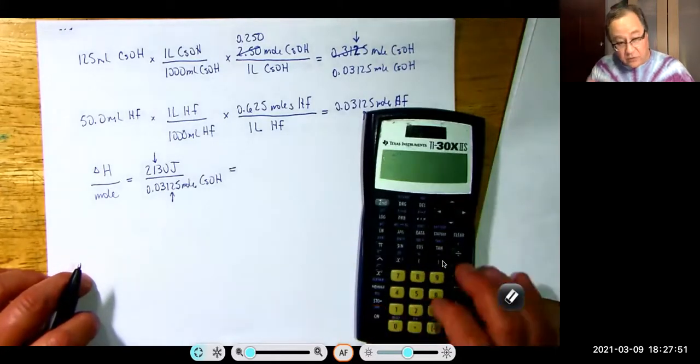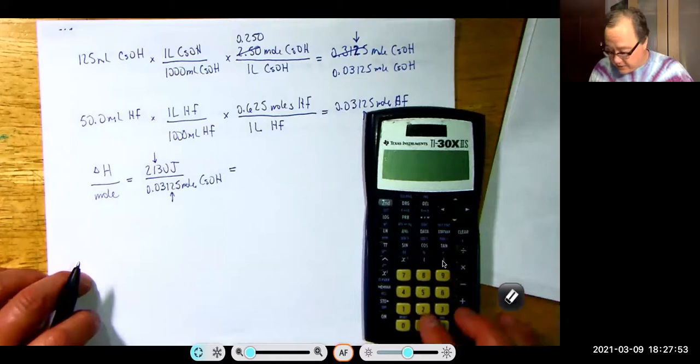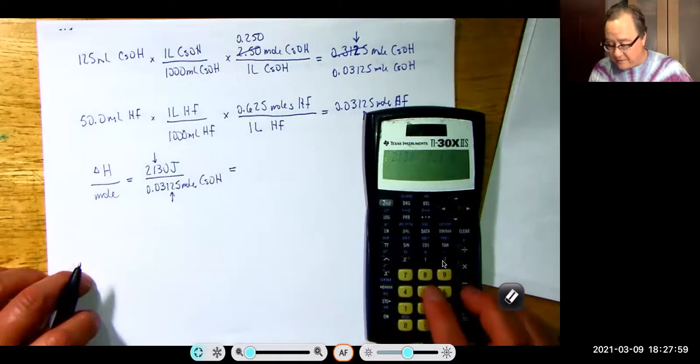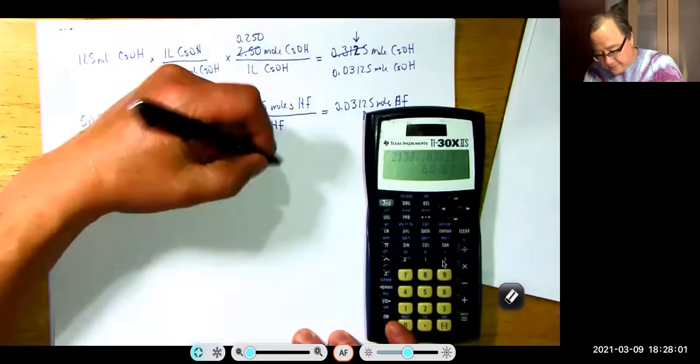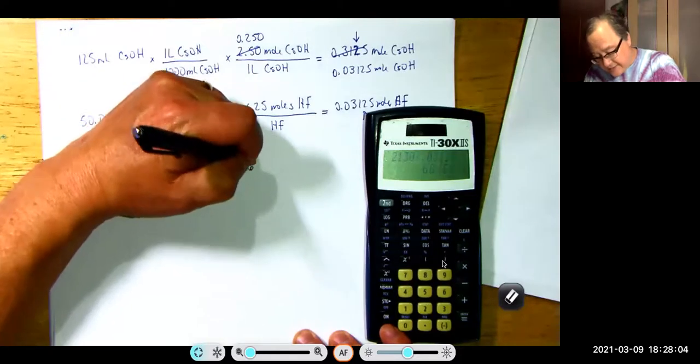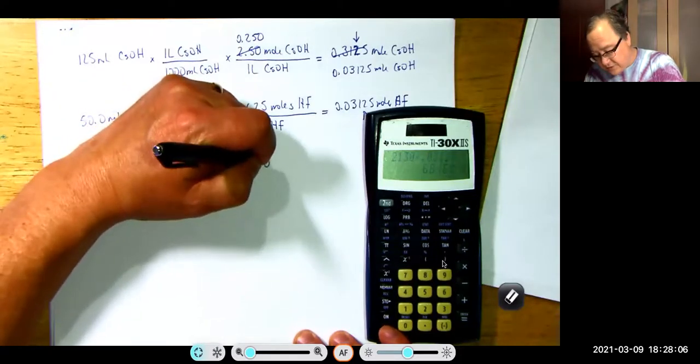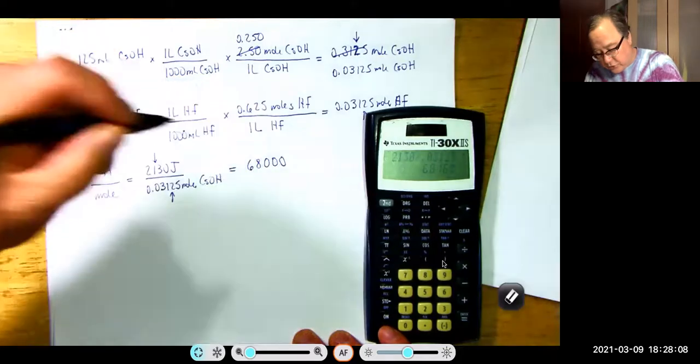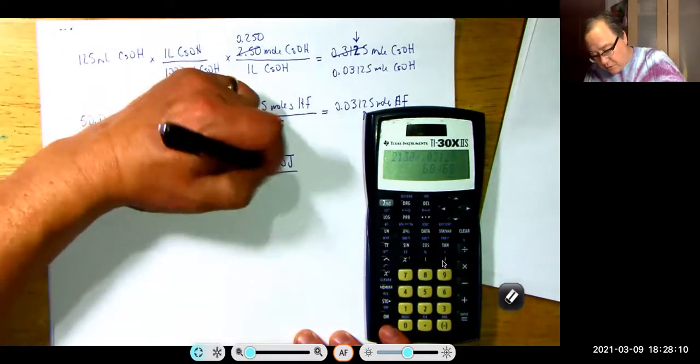And then we have to do one more thing. So 2,130 divided by 0.03125, and we get 68,000 joules per mole.